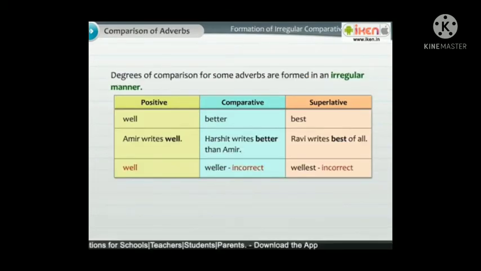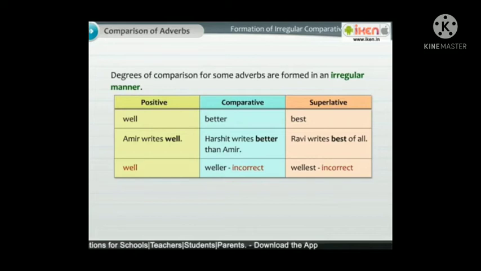Degree of comparison for some adverbs are formed in an irregular manner. For example, well, better, best. Like we have some irregular adjectives in the chapter of adjectives, just the same, we also have some irregular adverbs which change completely differently in their comparative and superlative forms, like well, better, best.